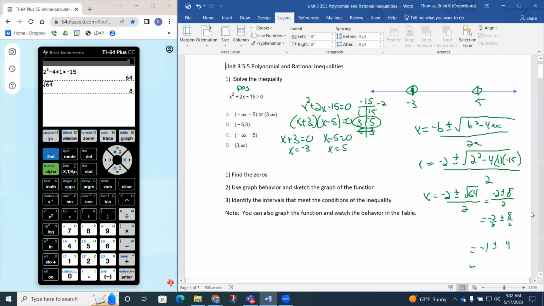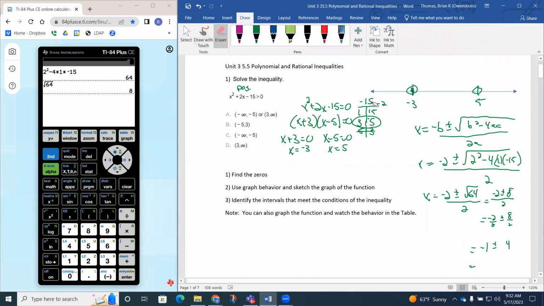Let's see if I did something wrong up here. Yeah, I did something wrong. This was actually a positive 2, not a negative 2. So I've got these signs backwards down here. Backtrack a little bit.